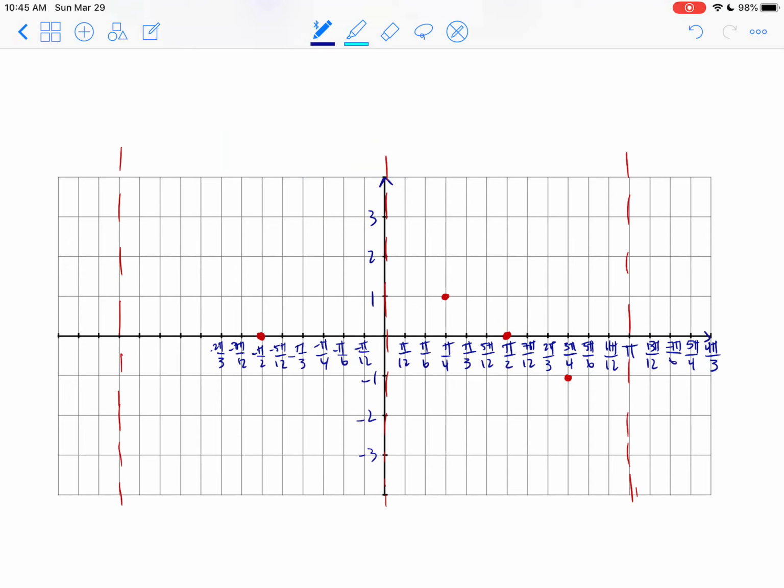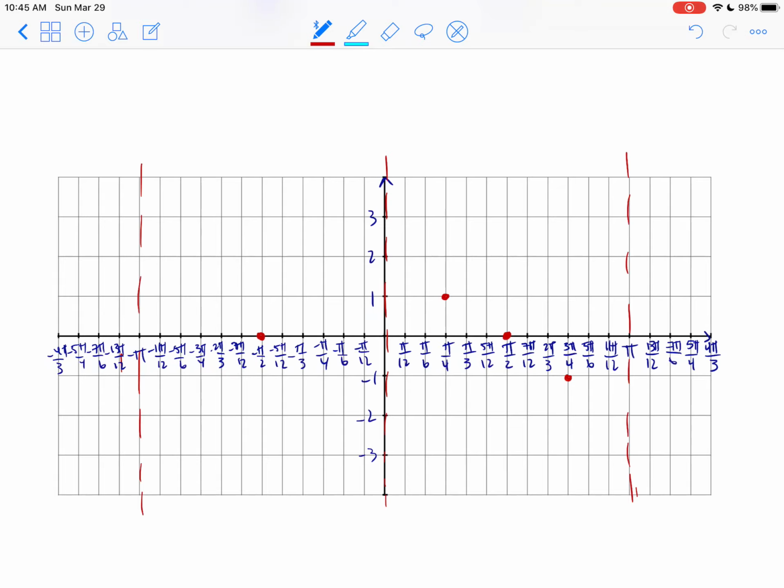So this would be negative 3 pi over 4, negative 5 pi over 6, negative 11 pi over 12, negative pi, negative 13 pi over 12, negative 7 pi over 6, negative 5 pi over 4, and negative 4 pi over 3. Sometimes you just gotta say it out loud or else you're gonna mess it up. Okay. I knew something didn't look right there.